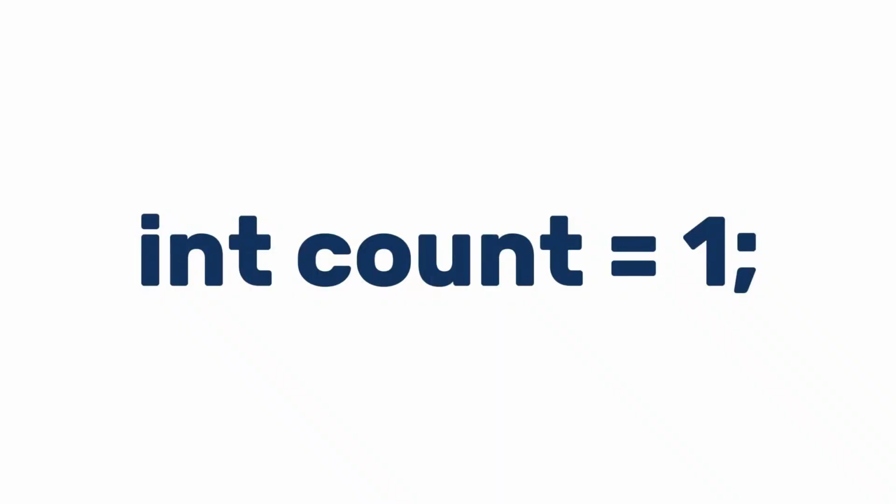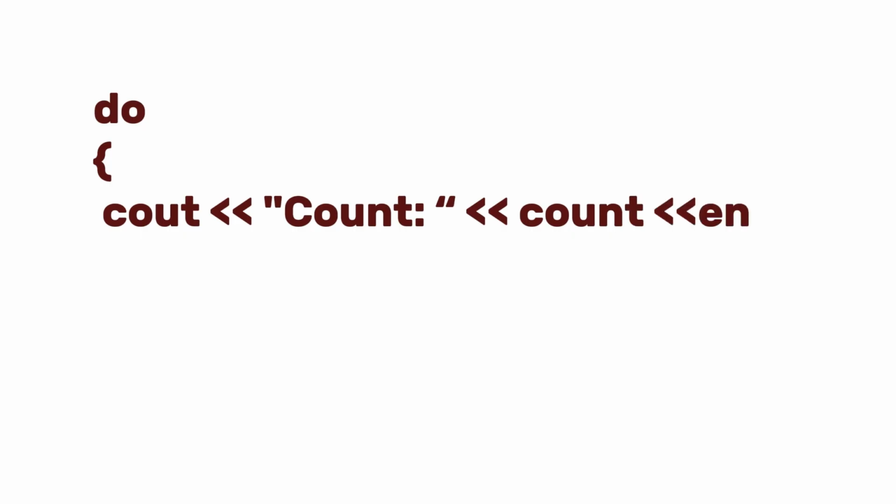Let's take the program we use for the do while. We are going to declare int count equals 1. But instead of typing a while line after, we're going to put do first. Do, curly bracket, cout, less than sign, count, less than sign, endl.